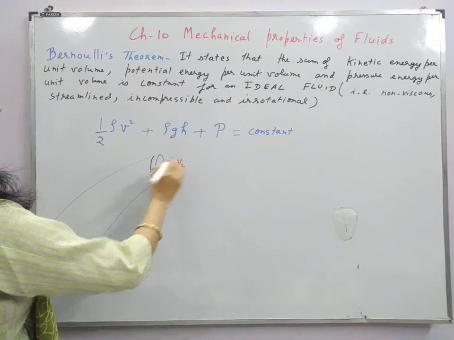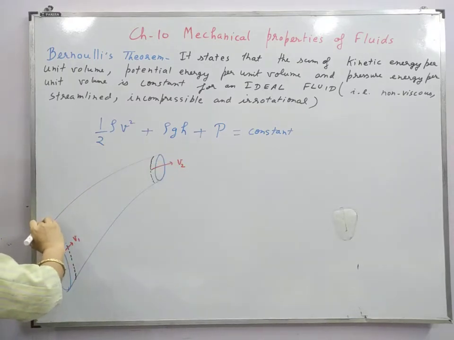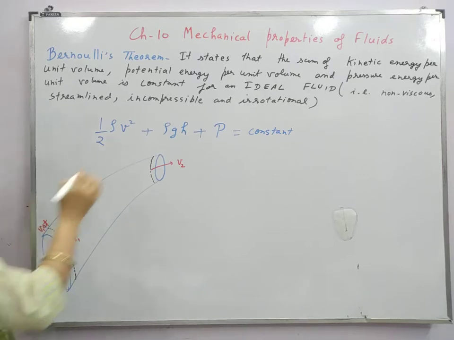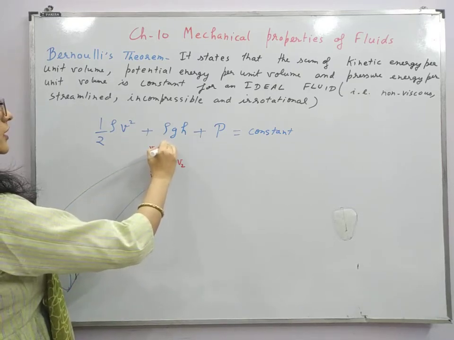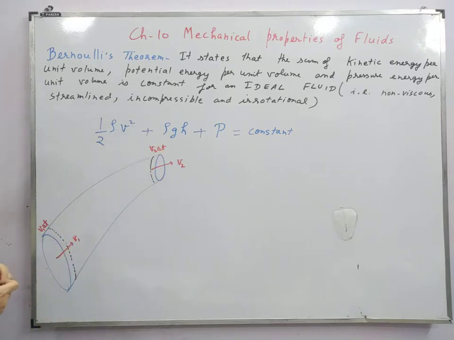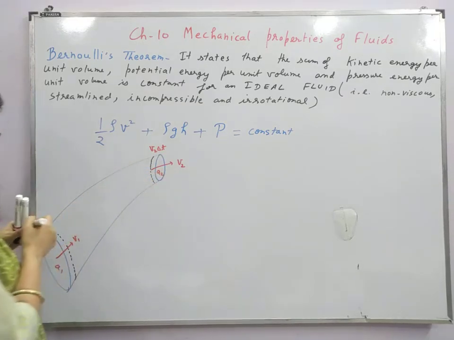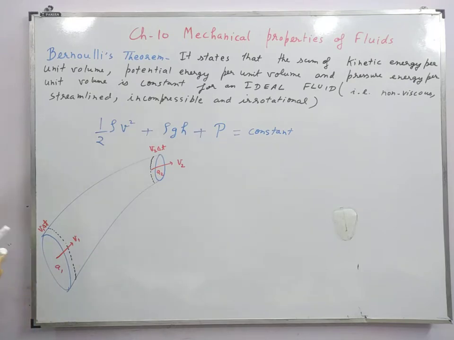As we have already discussed, the distance traveled in delta t time will be v1 delta t here, and v2 delta t here, right? And we consider that the area of this cross section is a1 and this cross section is a2.